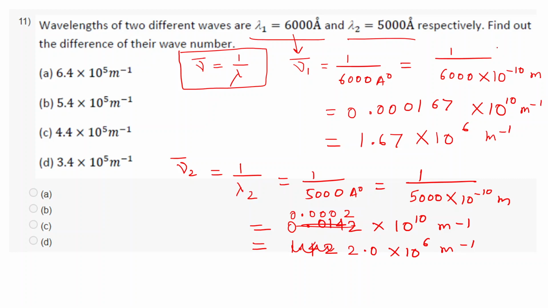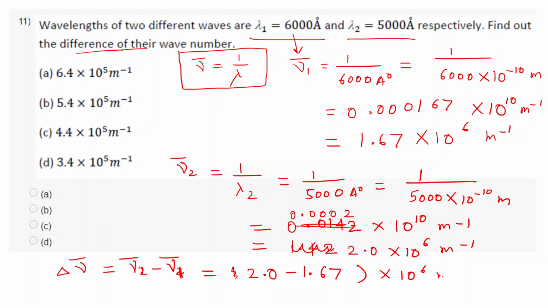Yeah, so when we have to take the difference of these wave numbers, we'll take the second and then the first, because a negative doesn't make any sense. So it will be 2.0 minus 1.67 multiplied by 10 to the power 6 meter inverse. This will give us 2 minus 1.67.